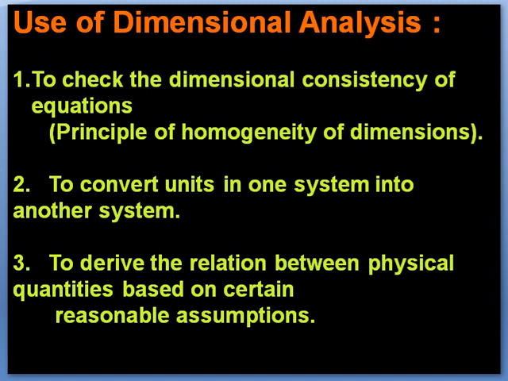The third point is very important, and as per point number 3, so many questions are asked in the examination. So the third use is so important, and you are supposed to remember it.